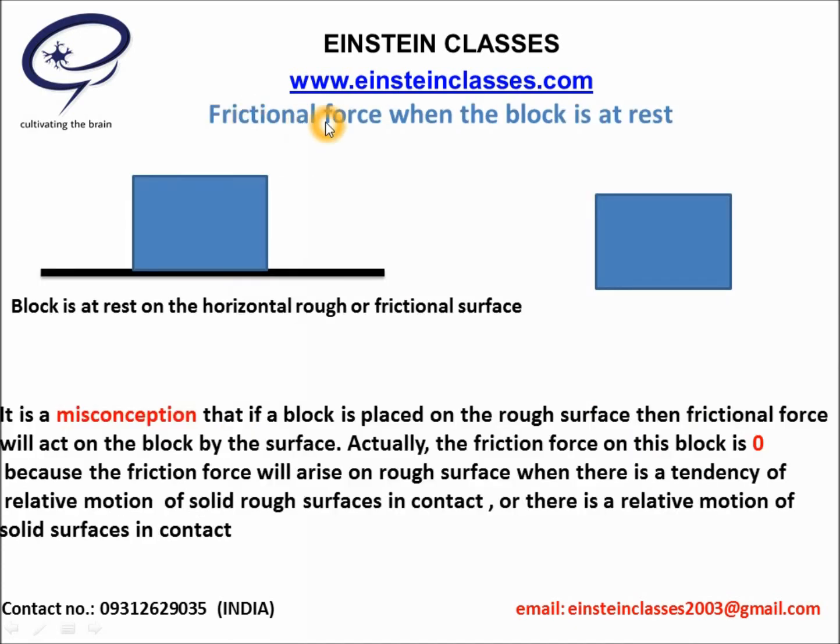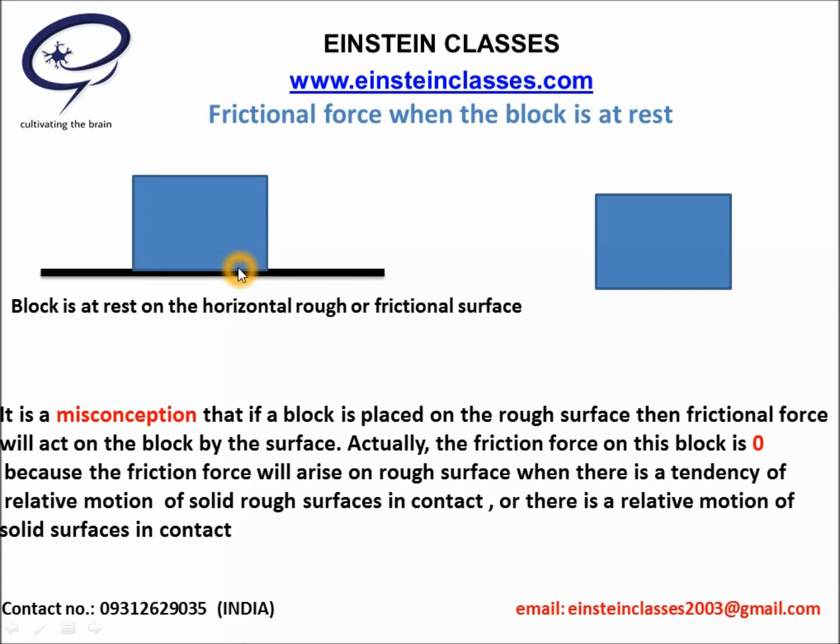Now we are going to discuss the frictional force acting on this block. The block is at rest on the horizontal surface and we have not applied any force on the block. Hence, the block is at rest on the table or on the surface. Normally, it is a misconception that if the surfaces in contact are rough, then the frictional force will arise.